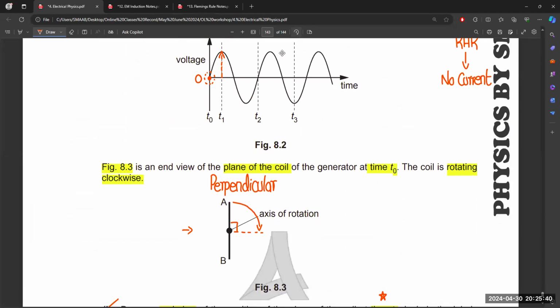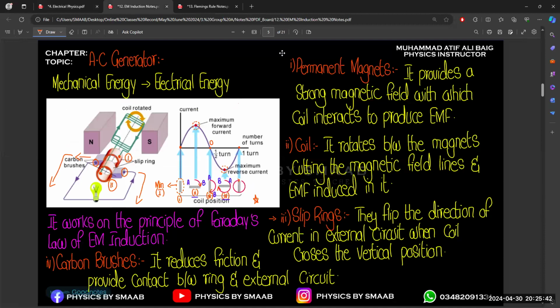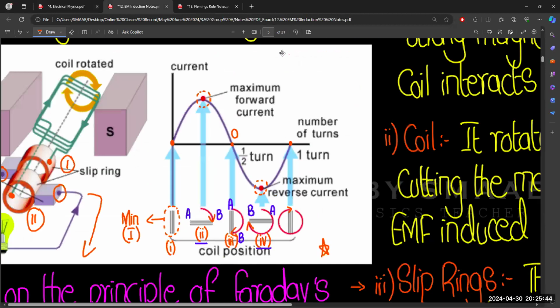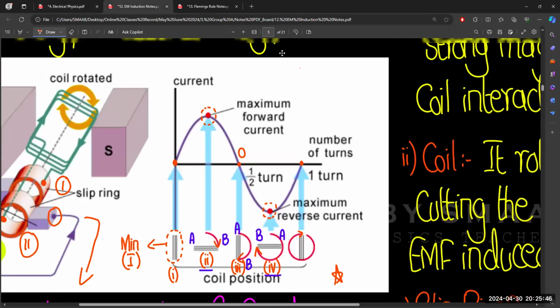So this is the idea mentioned in this diagram also. Initially we have vertical, 0, then we rotate 90 degrees to the horizontal position and get maximum forward current. Then again we rotate it to perpendicular, so it becomes 0 again. Again after 90 degree rotation, you get horizontal maximum, but the direction is opposite, right? Any confusion at this point?